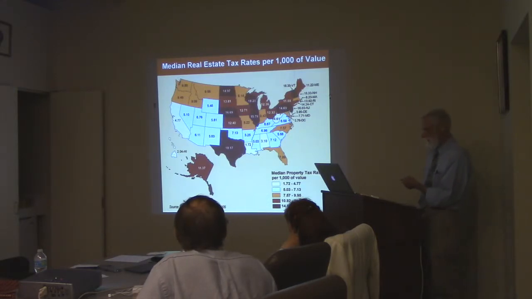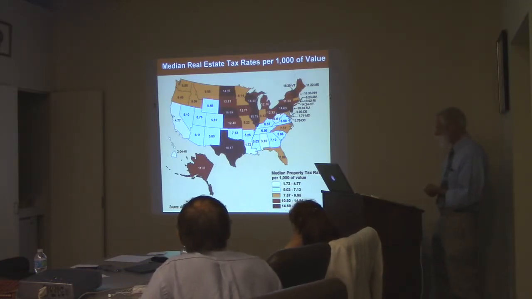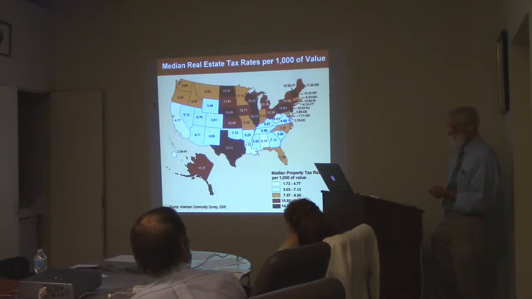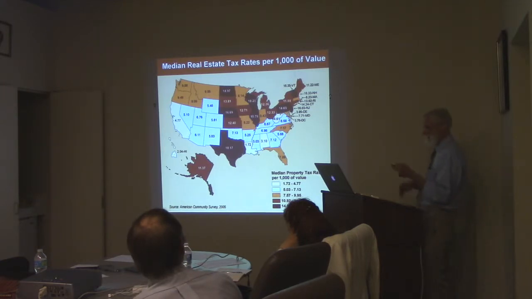So you can see, 18 bucks per thousand. Well, it would be 1.8. If there was ever an 18% real estate tax, they were headed somewhere. But 18 per thousand, so 1.8%.